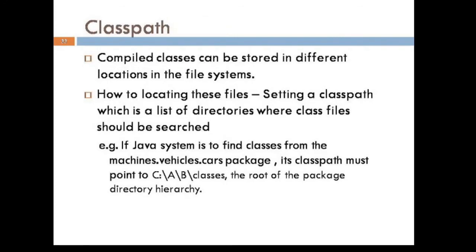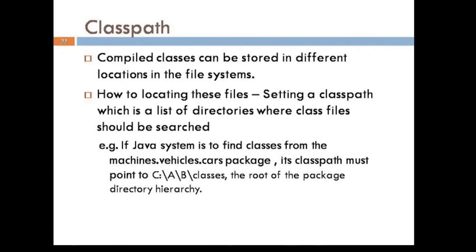Now what is a class path? Classes can be stored in different locations in the file system. Actually, what Java does is it first compiles the code, and how does Java compile the code? By the usage of the javac compiler. This javac compiler takes the name of your class and compiles it, and it results in a dot class file.